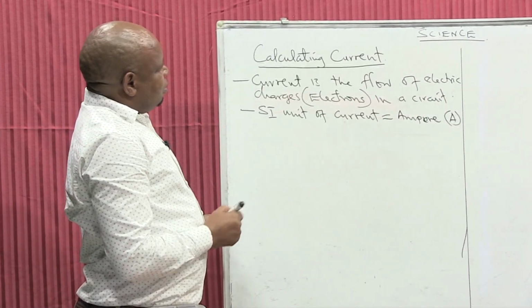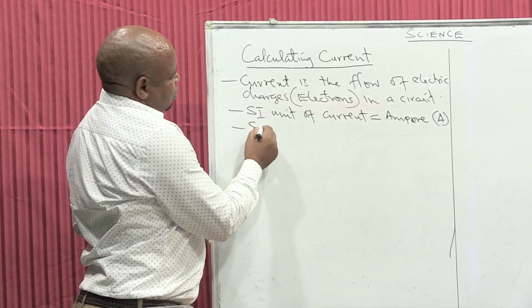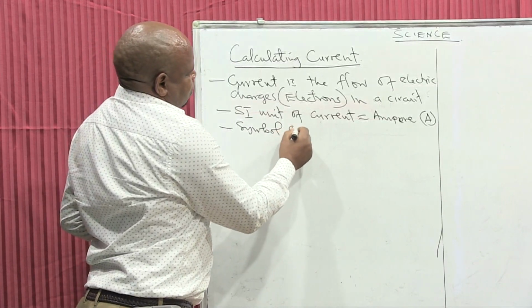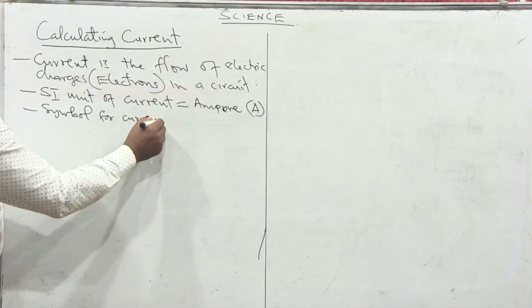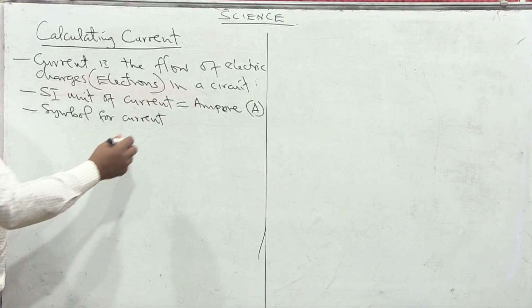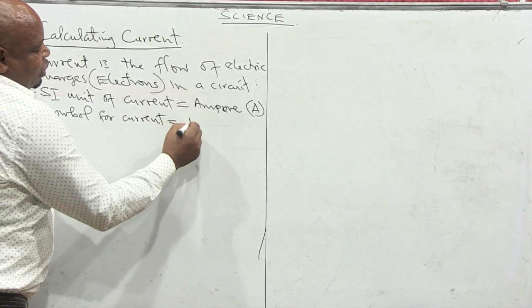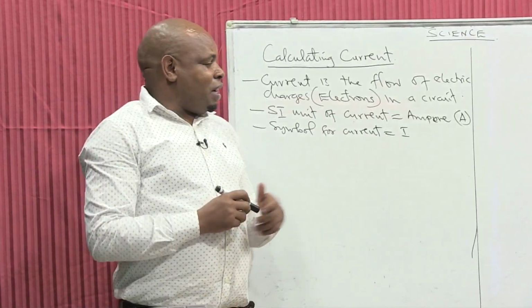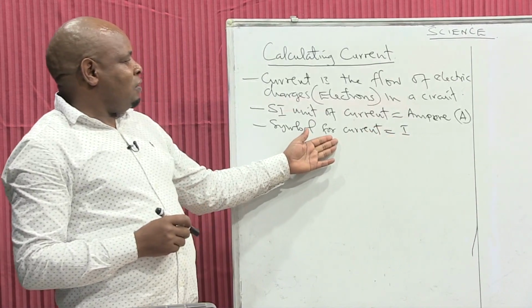And also the symbol for current is denoted by the letter I. So here I stands for current.